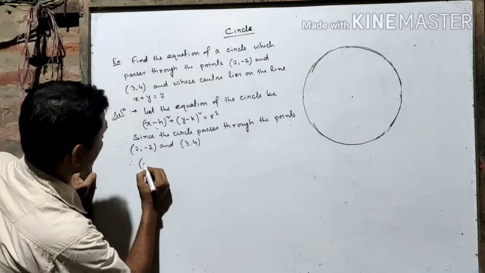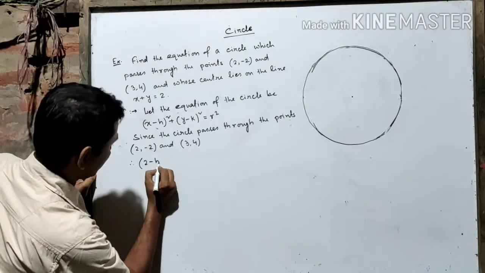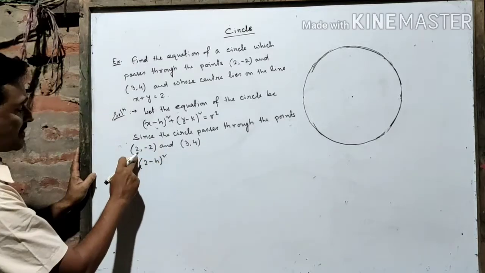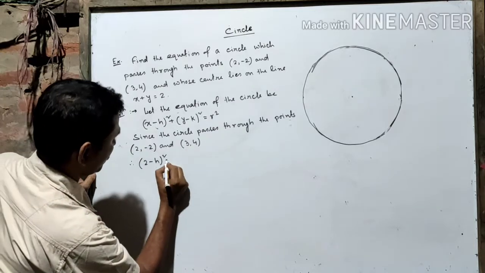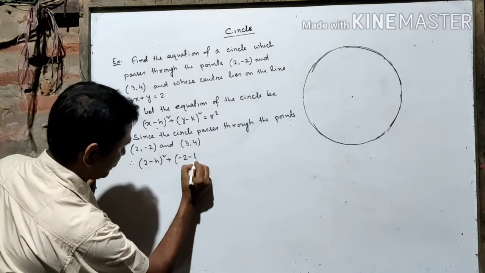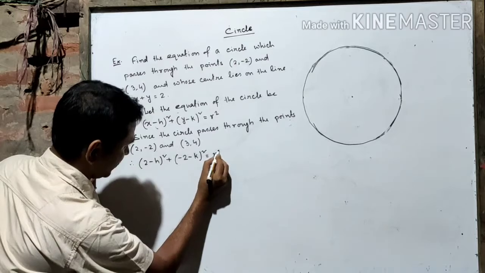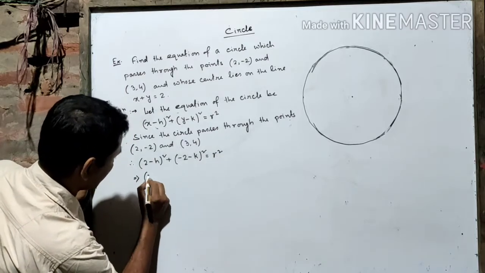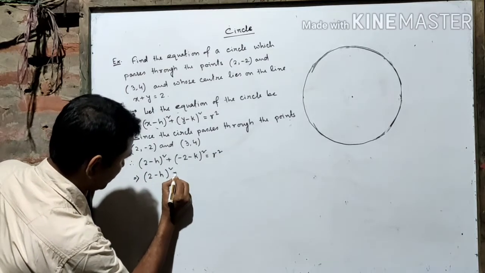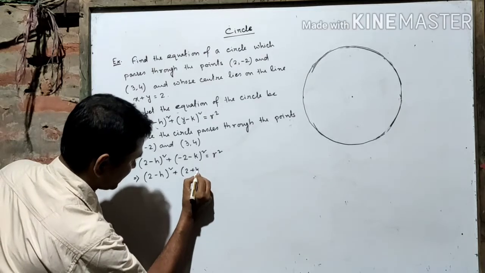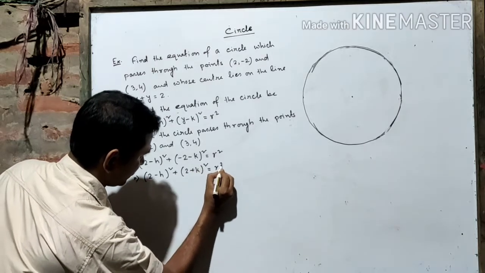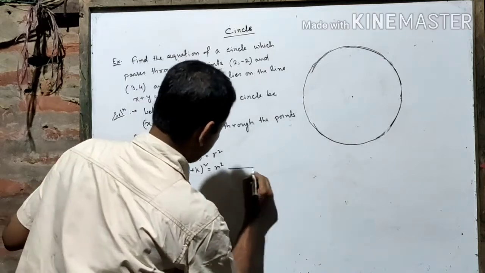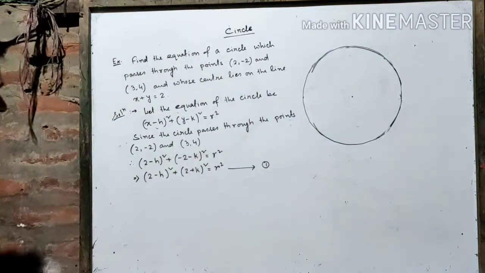So putting x as 2 and y as −2, (2 − h)² + (−2 − k)² = r². On simplification, this will be (2 − h)² + (2 + k)² = r². So this is the first equation.